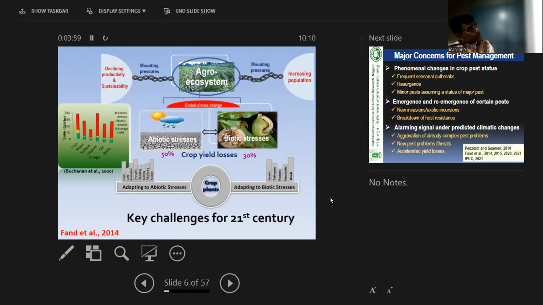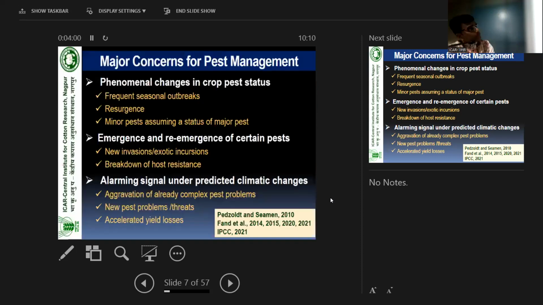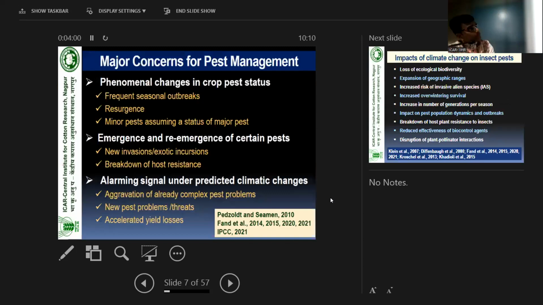So these are major concerns for pest management: phenomenal changes in crop pests, frequent seasonal outbreaks we have experienced, resurgence, minor pests becoming major, which is very common, and emergence and re-emergence. These are two different things. New invasive species are coming into our country, like Tuta absoluta, fall armyworm and many more, like the mealybug Phenacoccus. And what is re-emergence?